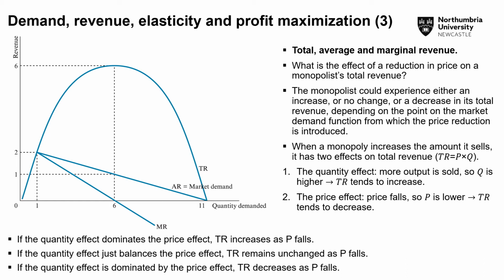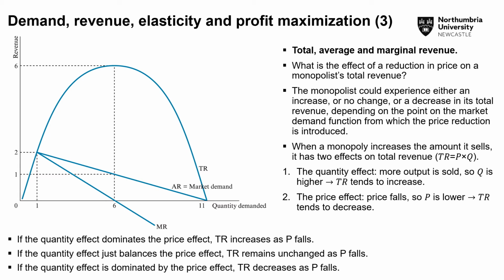So two things can happen. You can have a so-called quantity effect. The quantity effect will work when more output is sold. In other words, you have to have a price elastic demand. You drop the price, and the result is that more output is sold, and the sales and output are greater than the decline in receipts due to the lower prices.